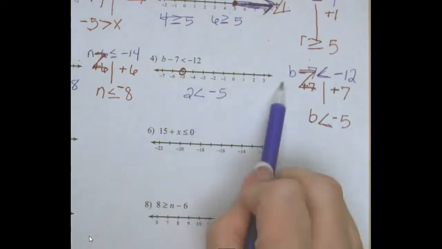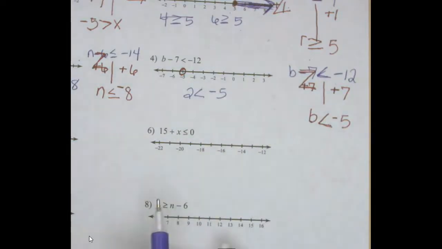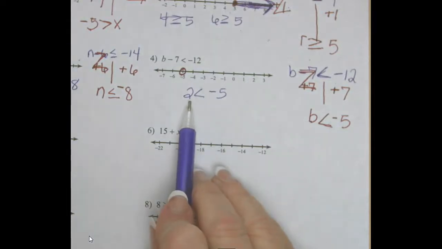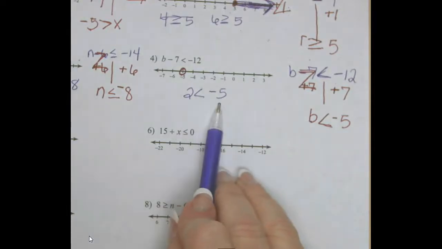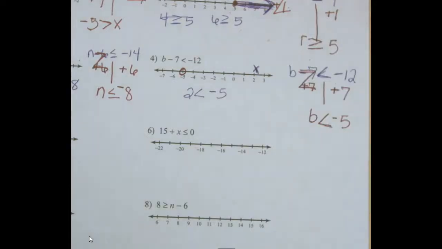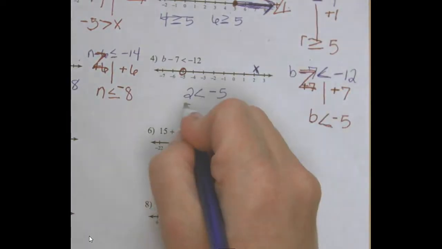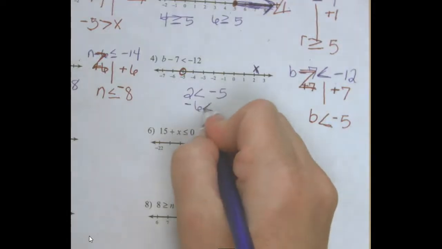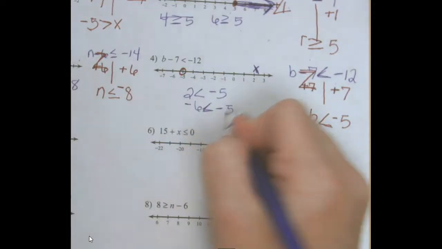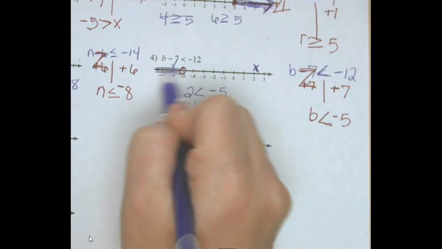I just picked one number over here, and I'm going to pick positive because sometimes it feels like it's easier to work with. Is 2 less than negative 5? No. So let's check this other side. Negative 6 less than negative 5? Yes. So I am shading in this side.